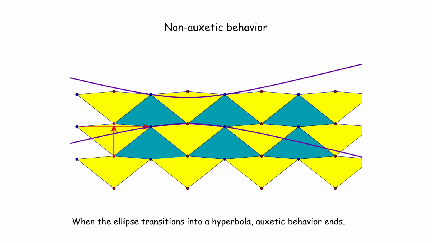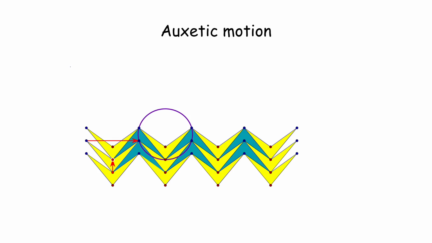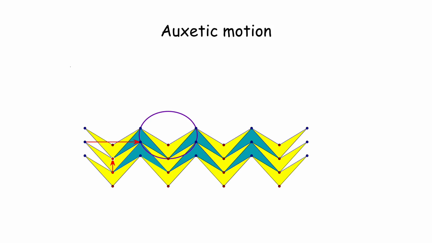If I move and come to this situation, I watch the same 5 points, I draw the conic, and it's a hyperbola. So something has changed in between, and indeed, the auxetic behavior must have stopped before getting to a hyperbola. So this humble conic is the key indicator, and we want to watch now this transition.